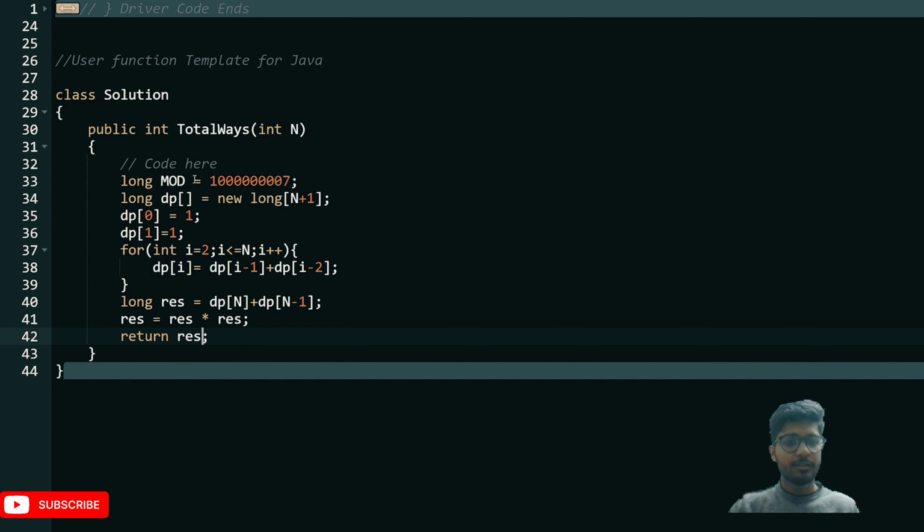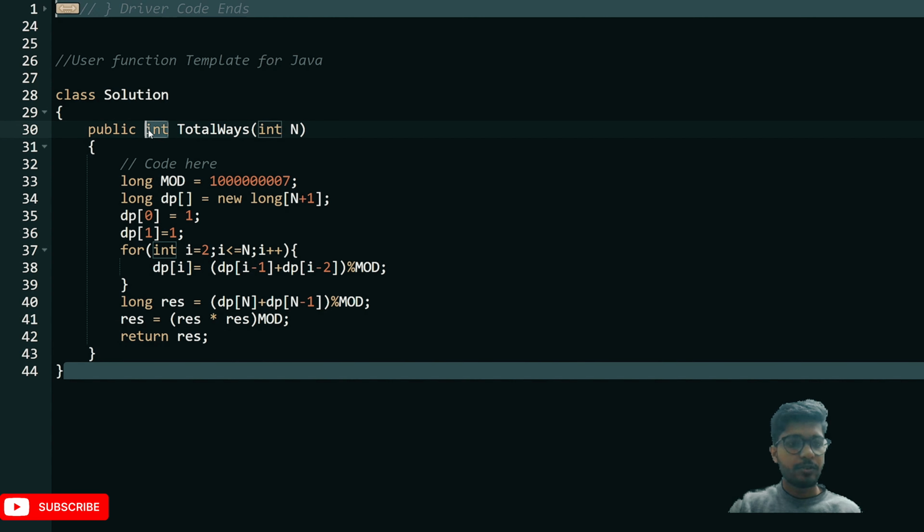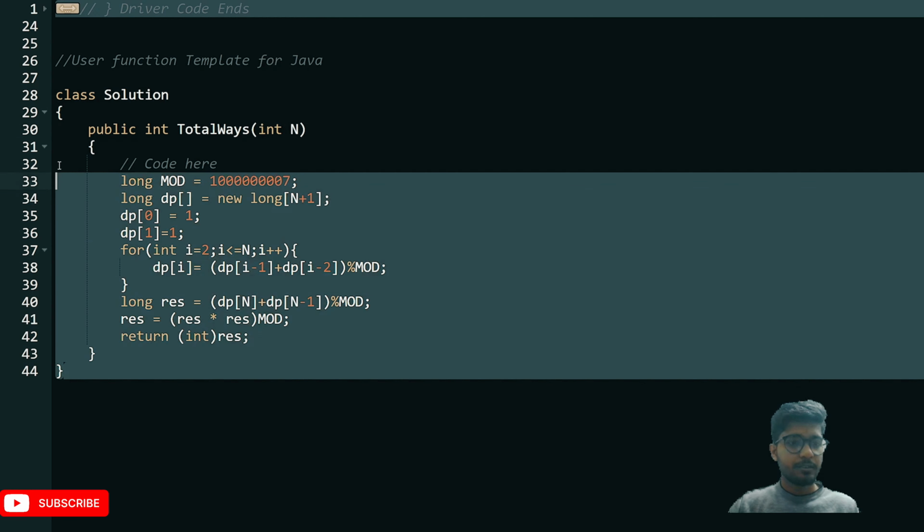According to the question, the value can be large, so we have to perform modulo operations on our result to get a smaller value. And at last we have to return an integer type value, so we will typecast it because we have taken a long type res. And this is all about the code.